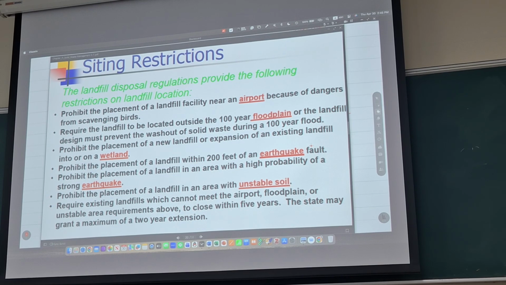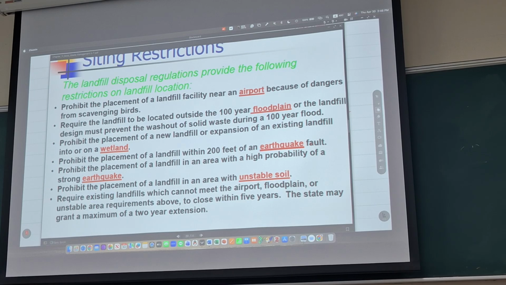It's very important. One day when you become a city mayor or any leaders, you need to choose a landfill. There are some restrictions for landfill. For example, prohibit means no. You cannot build a landfill near an airport. Understand?